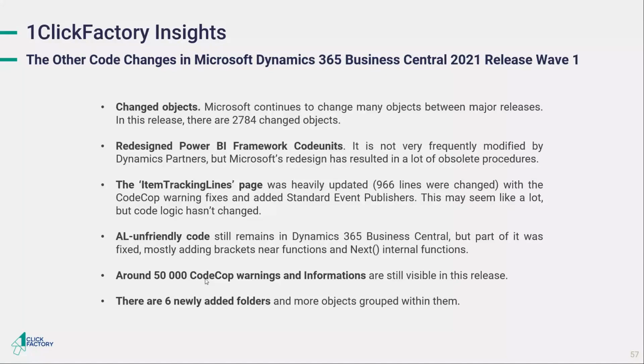Again, most of them are because obsolete pending objects are still used, but we still see, like I said, unfriendly code. But Microsoft is changing objects a lot and making improvements in the base app. And there are 6 newly added folders. It's also good news that Microsoft is grouping the objects.